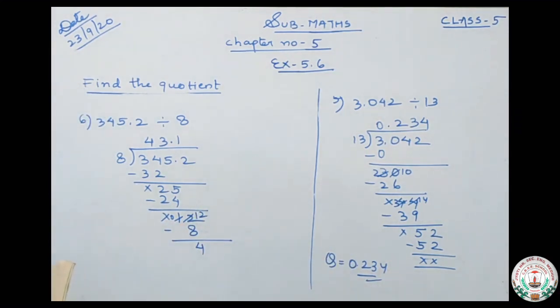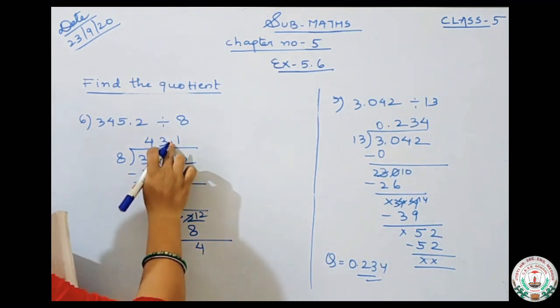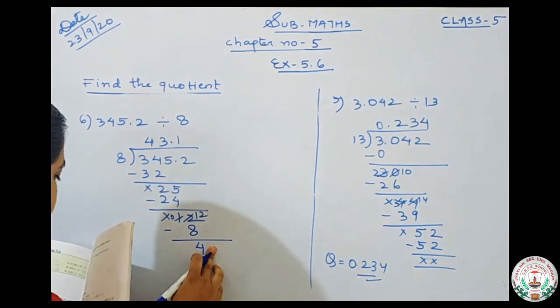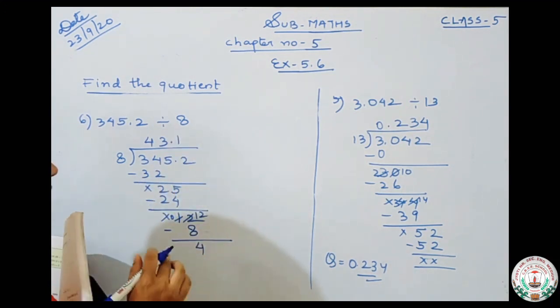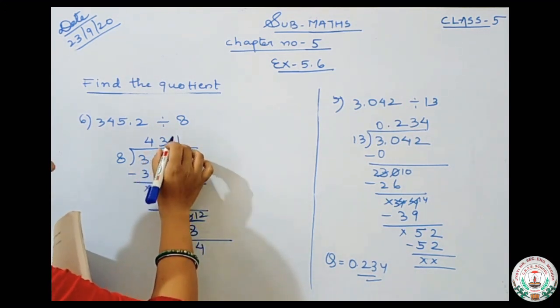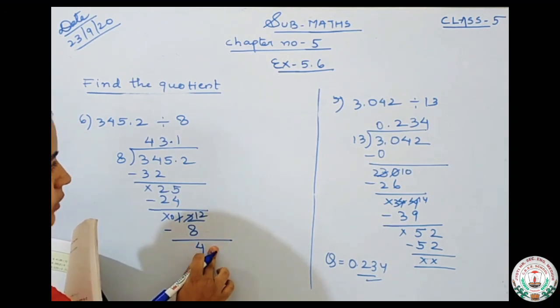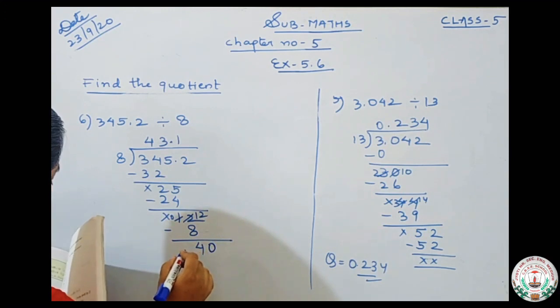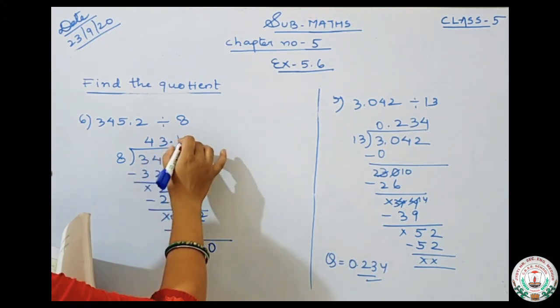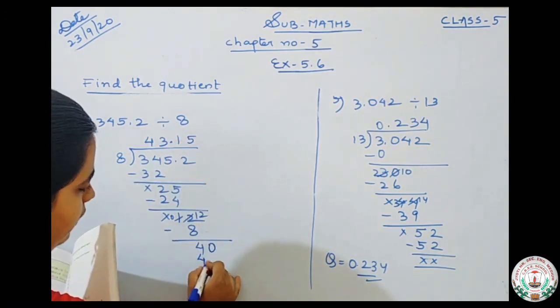Now, one thing I want to tell you, after decimal you can take here 0 without writing 0 here. Okay, that is the rule. While solving the decimal, after decimal you can take 0 anywhere without writing 0 here. So we will take here 0. So what will come? 8 fives are 40.